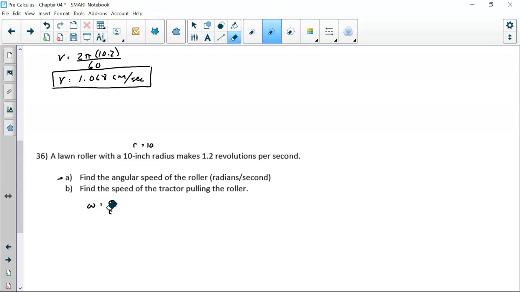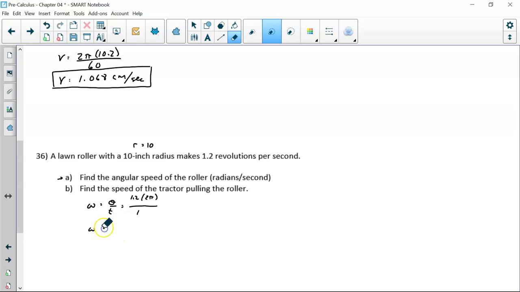1.2 revolutions per second. Now, it's not going just one revolution. It's going 1.2 revolutions. So we have to find out what 1.2 revolutions is. That's going to be 1.2 times 2 pi. And the time is 1 second.